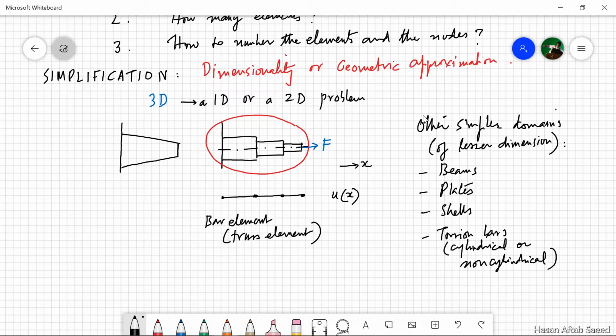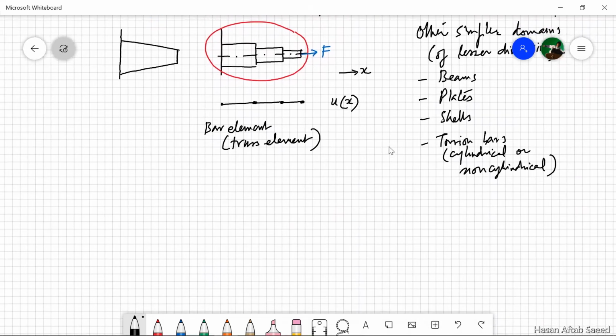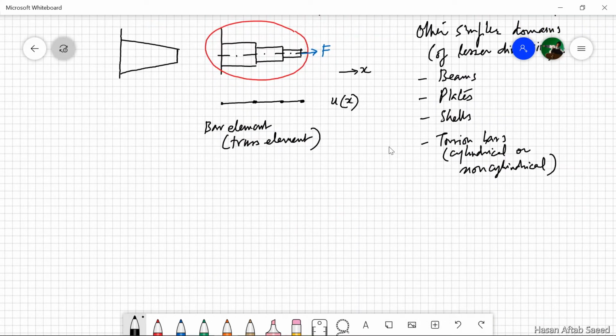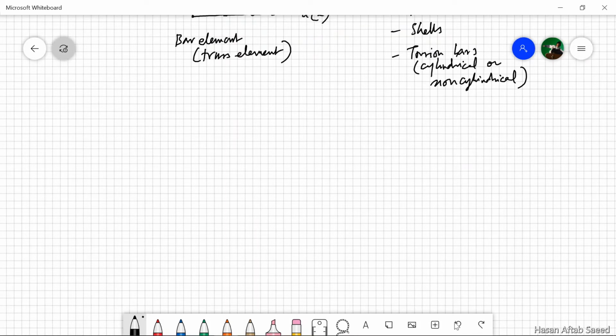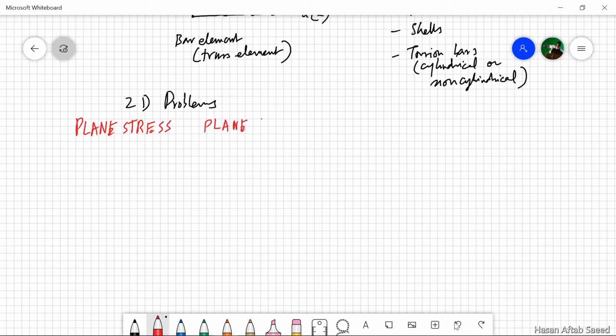Apart from these, there are classes of problems that are called 2D problems. They are also simplifications of 3D problems. There are two classes of problems called 2D problems. One is called plane stress problems, the other plane strain.